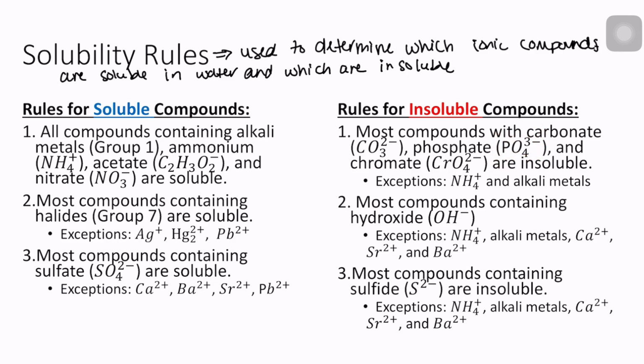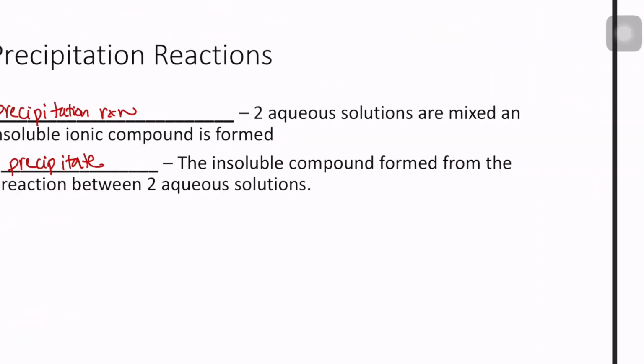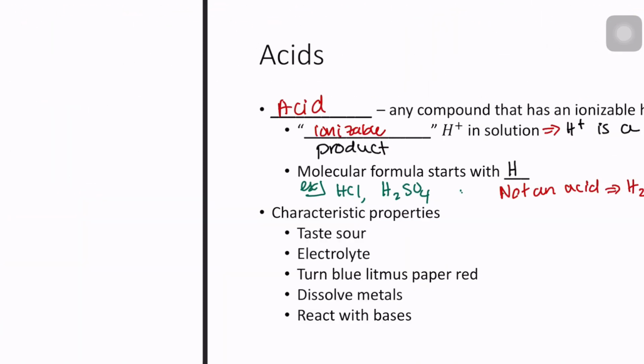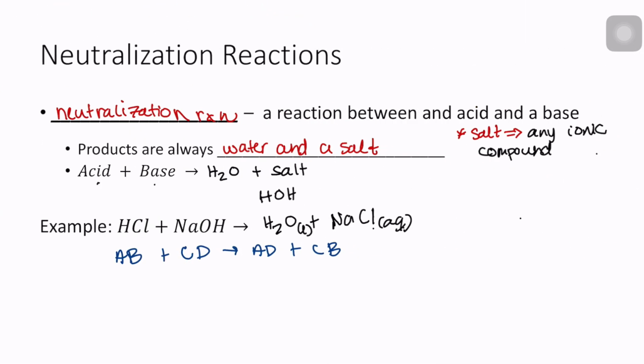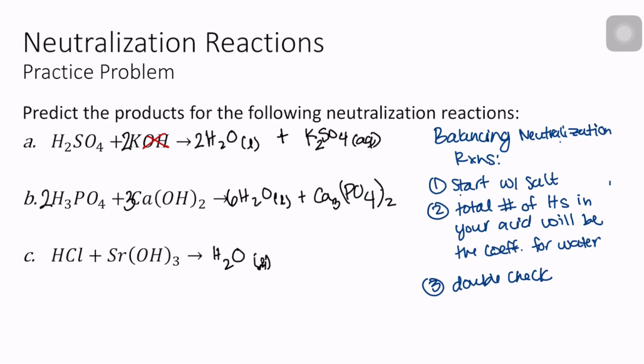So most compounds with phosphate are going to be insoluble, except for ammonium and alkali metals. Well, calcium is not one of those, so it is going to be a precipitate. It's not going to be soluble. So the state is going to be solid.